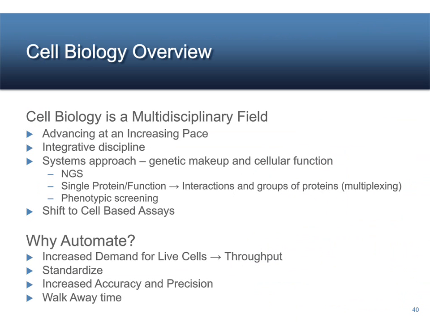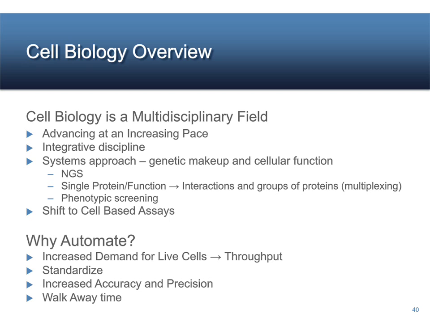Okay, so as everybody knows, cell biology is a very multidisciplinary field. It's been increasing at an incredible pace. Researchers are now taking more of a systems approach than just looking at an individual protein or sequence in the DNA and comparing that to protein expression. We're combining all of these different things into one system and looking at all kinds of different interactions of proteins as well as phenotypic characteristics.